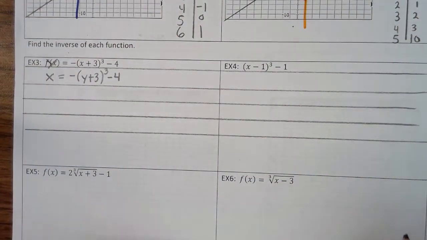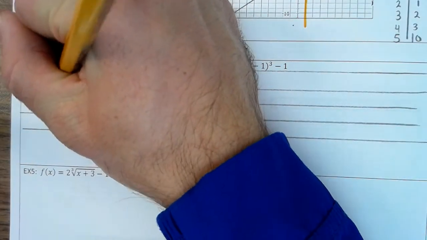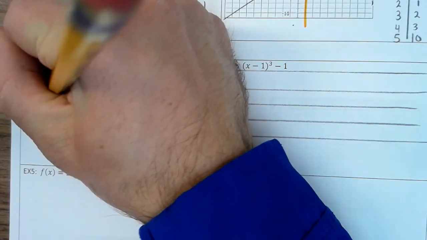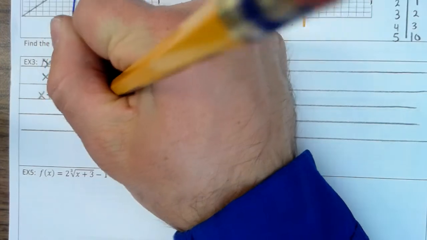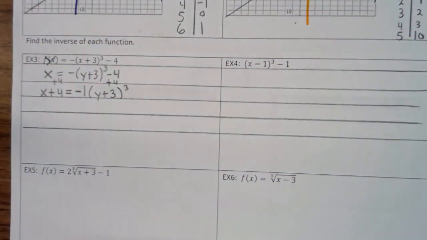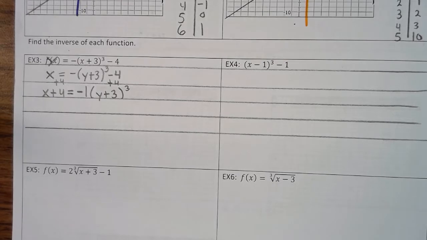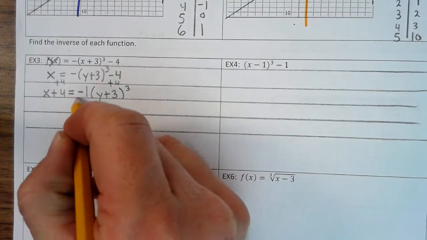All right, so then we add 4 to both sides. So then we have x plus 4 equals, I'm going to put a 1 there, negative 1 times y plus 3 cubed. Okay. And then we want to divide both sides by negative 1.